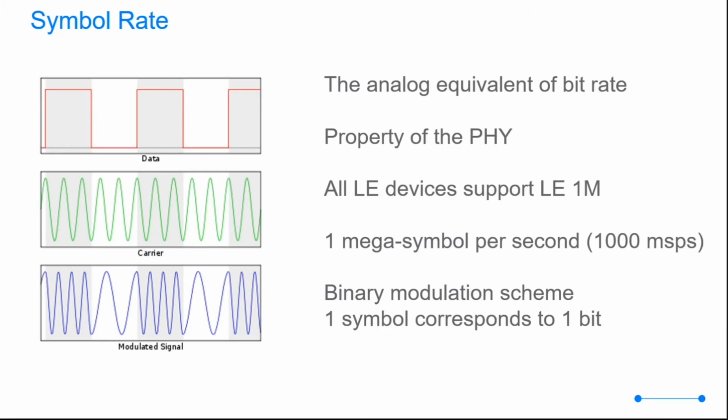Now, the analog representation of a bit transmitting on a particular frequency for a certain amount of time is called a symbol, and the rate at which symbols can be transmitted is called the symbol rate. So by default, Bluetooth Low Energy operates at 1 million symbols per second, and there's a variant of the physical layer of the stack called LE1M which provides this, and all Bluetooth Low Energy devices must support this symbol rate.